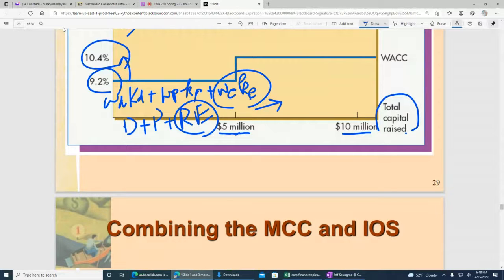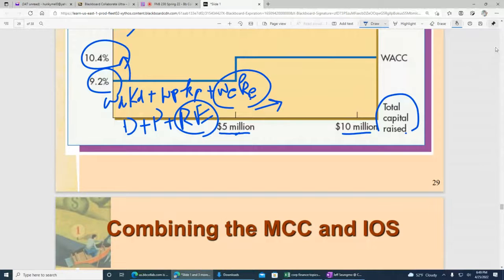So it's going to be difficult for Tesla to raise new capital by selling new stocks. But this is all based on the assumption that they meet the cost of equity, and then they can sell new stocks.